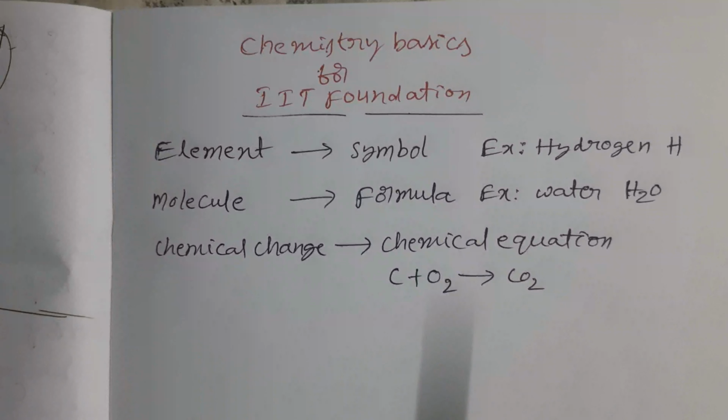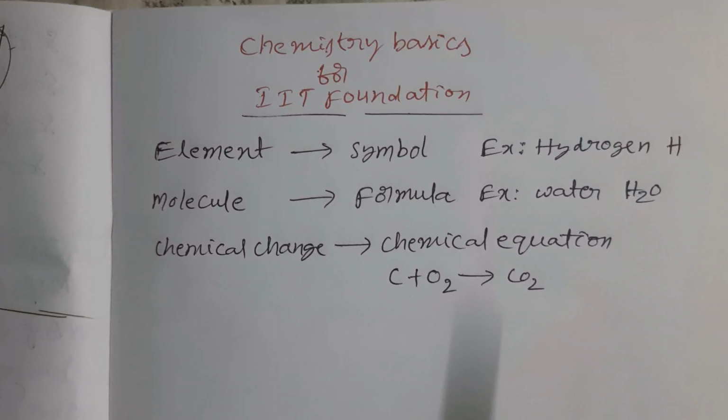So a substance composed of the same kind of atoms is called an element, the smallest particle of a substance.